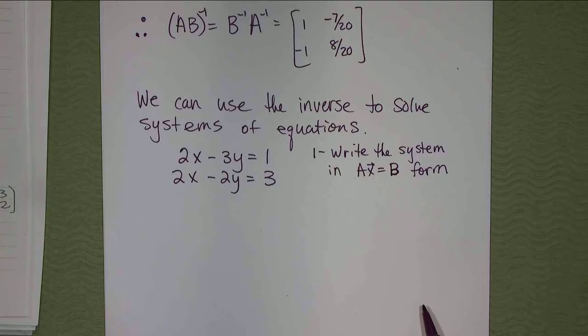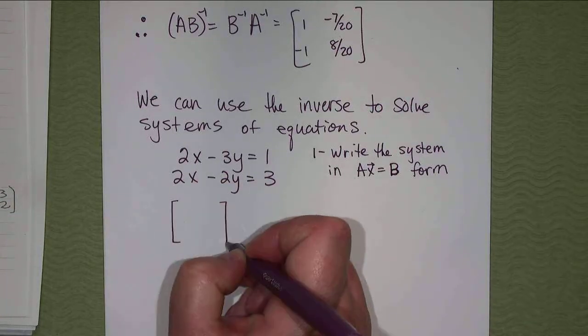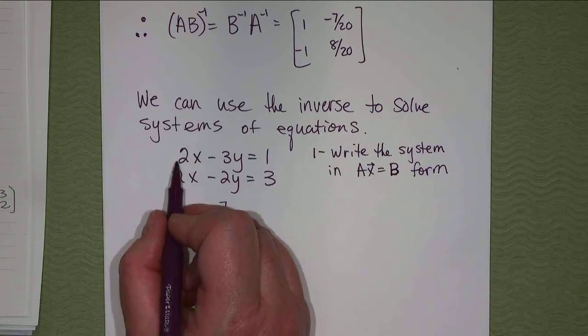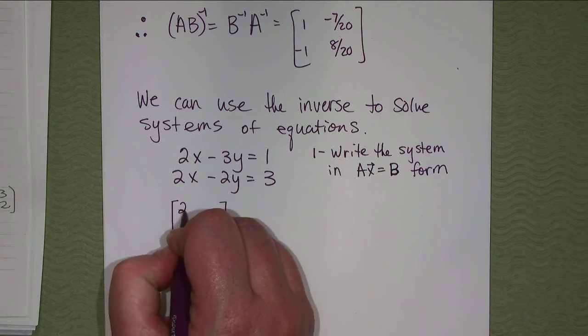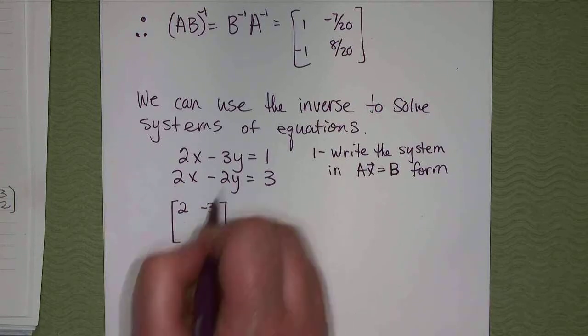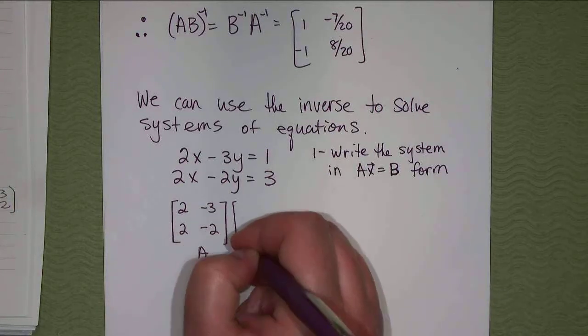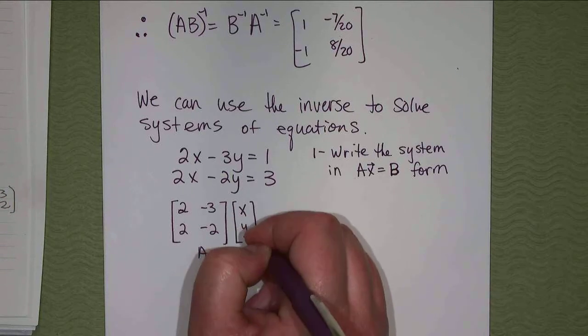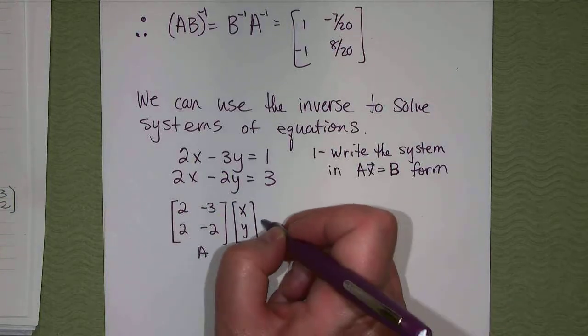So AX equals B form is taking your A, which is your coefficients of the X and the Y, so 2, minus 3, 2, minus 2, so that would be A. X is your variables, equals B is your right-hand side.